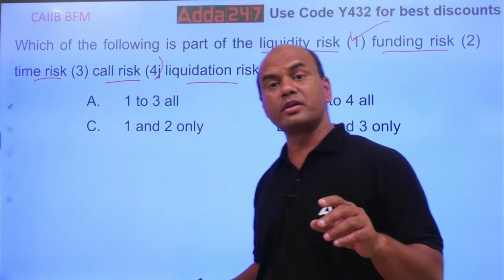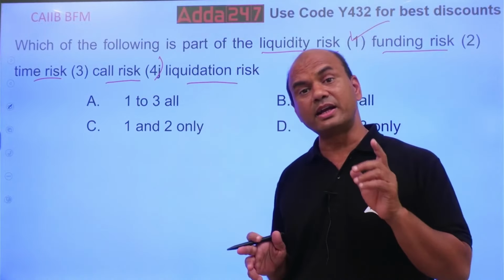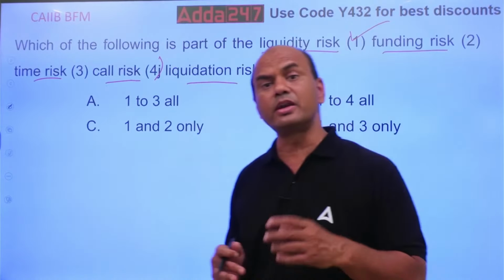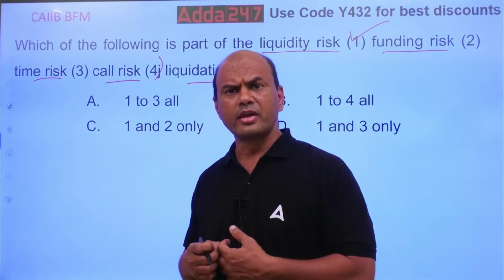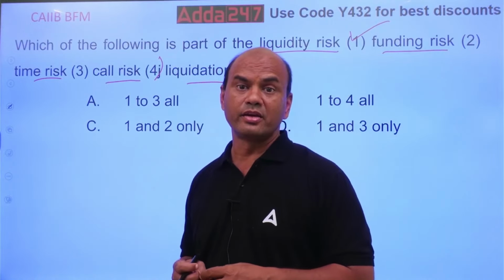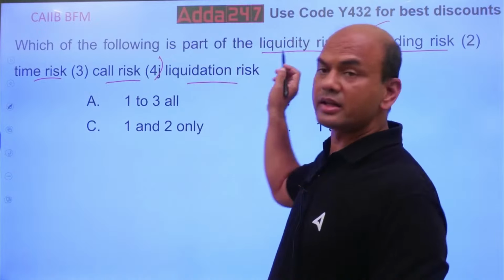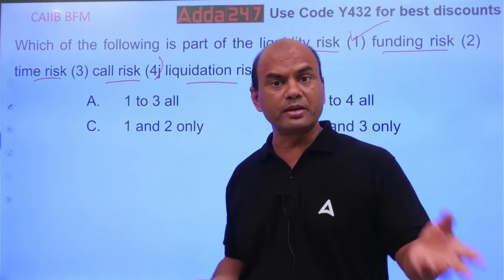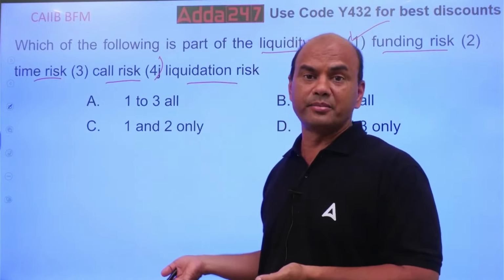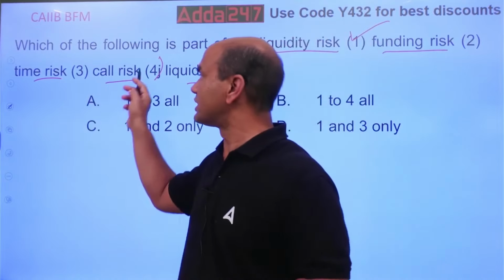If I don't follow the right timing for deposits and liabilities, what will happen? It will be a problem for me. Why? I'll be facing this liquidity risk again because I have to pay the depositors. I don't have money at that time. So time risk, call risk.